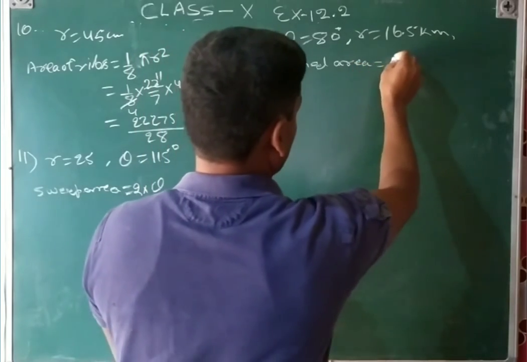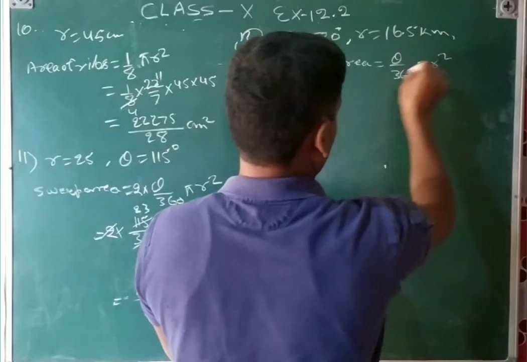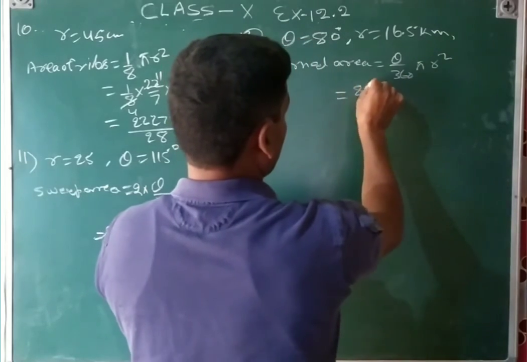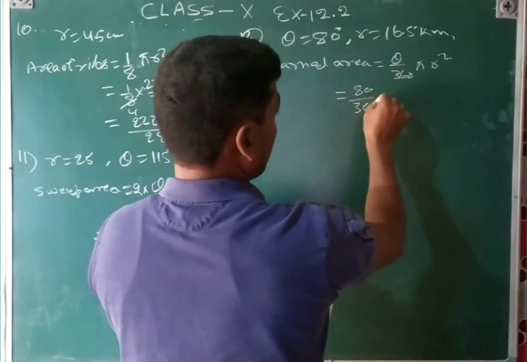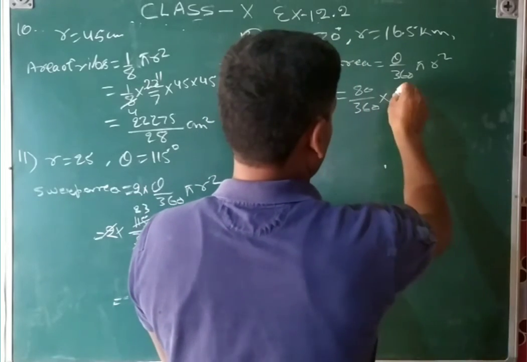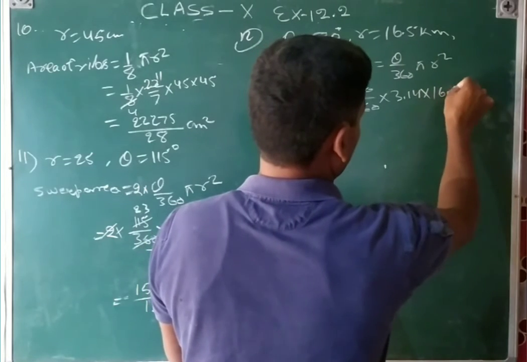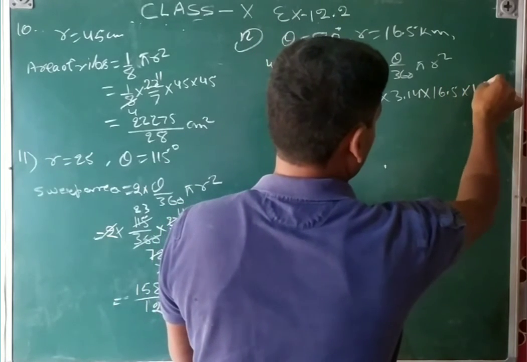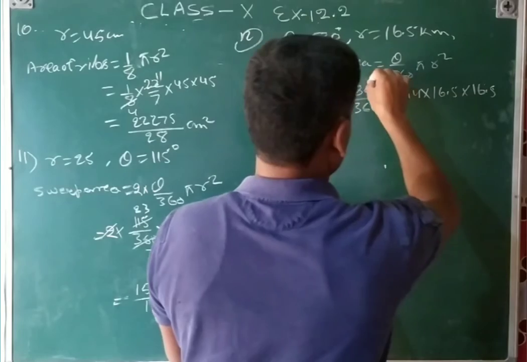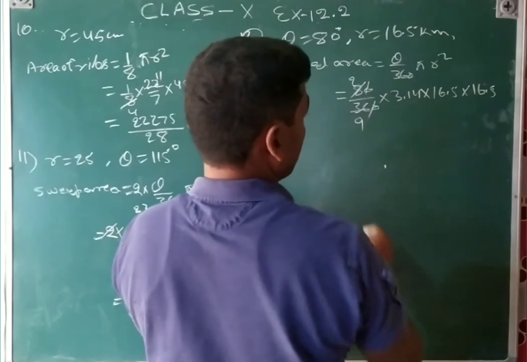is equal to theta upon 360 pi r square. So 80 upon 360 into the pi value is already given, 3.14, 3.14 into 16.5 into 16.5. 0 cancel by 0, 4 2 ja 8, 4 9 ja 36.